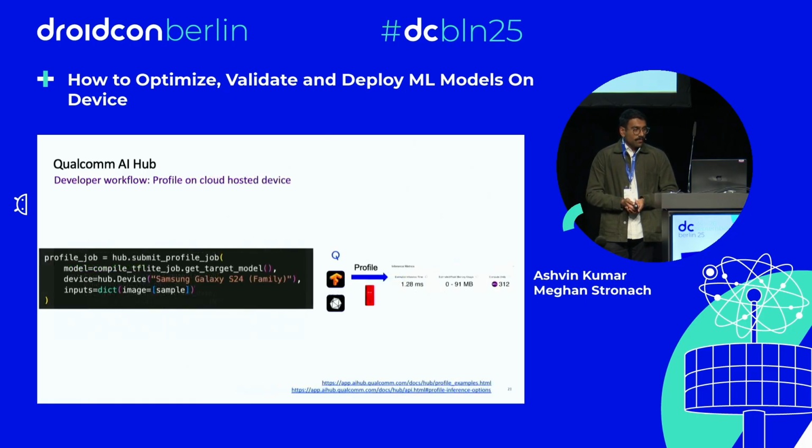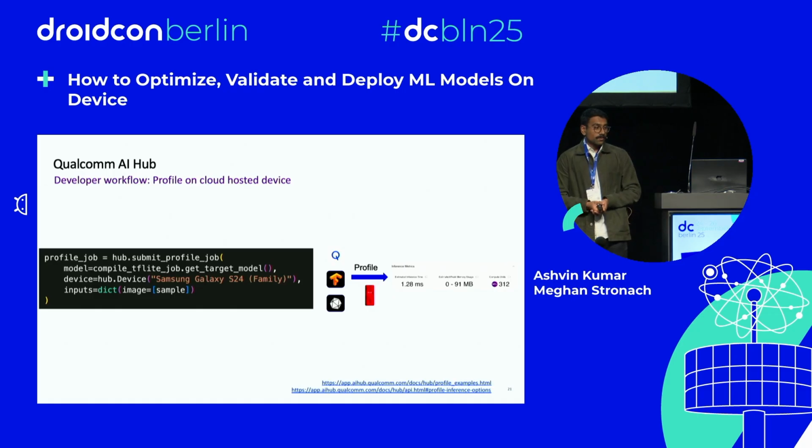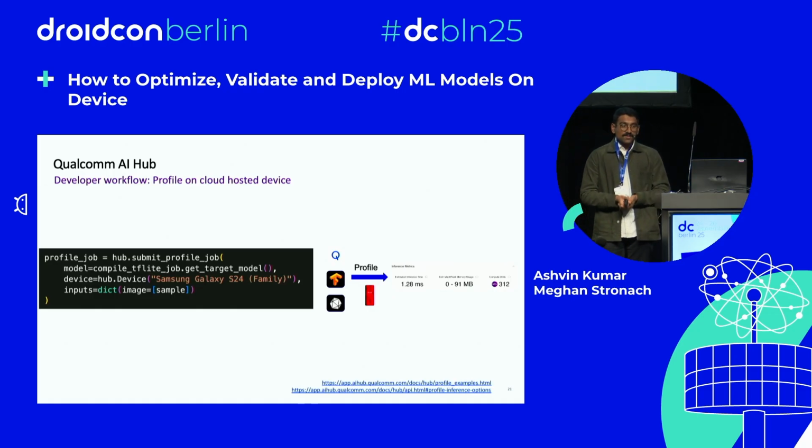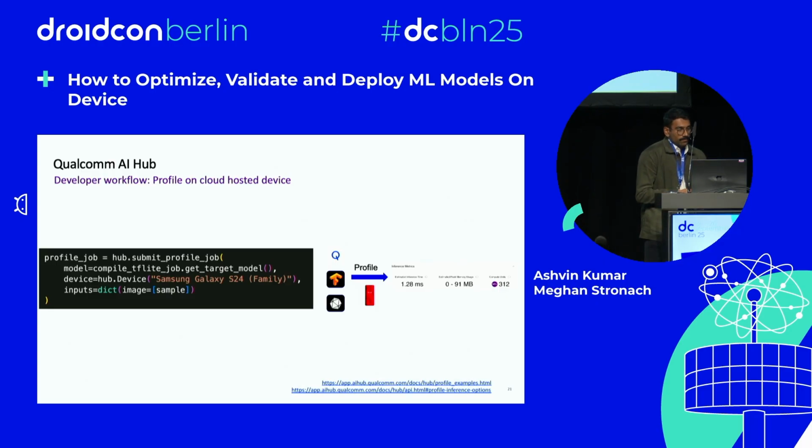So next up, I'm going to talk about the profile job, and this is what you can use to determine real-life performance on target. This uses the compiled assets that you produced with the compile job and actually tests how it performs on real-world devices. In this case, you can see that we're targeting the Samsung Galaxy S24.